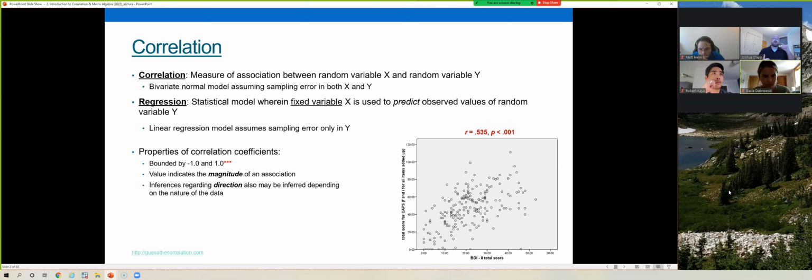Asterisk this, because standardized regression coefficients technically can exceed 1 or -1. If you notice that, you should probably double check your model, but it can happen. But our correlation coefficients, -1 and 1, are the upper and lower bounds. And these values very efficiently package the magnitude of the association, how closely these things are related to one another, and also the direction.